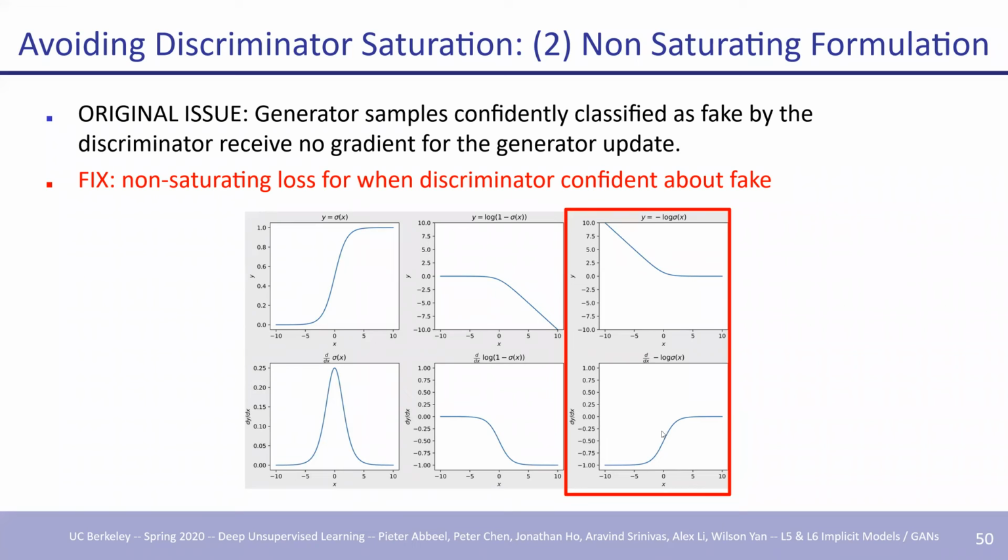So in the rightward part, the discriminator fails to classify a fake image, and we don't get any gradient. I believe it's less of a problem because when our generated image is close to the correct image, it's not so bad that we don't have any gradients for the generator.